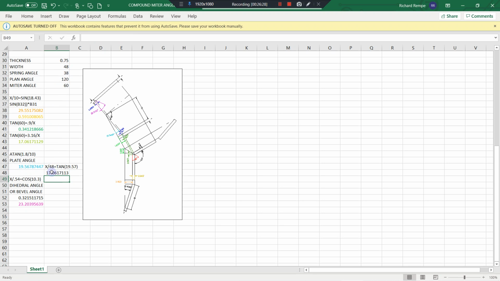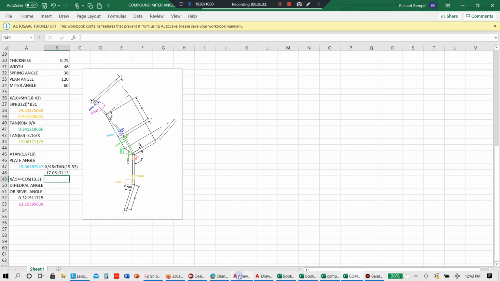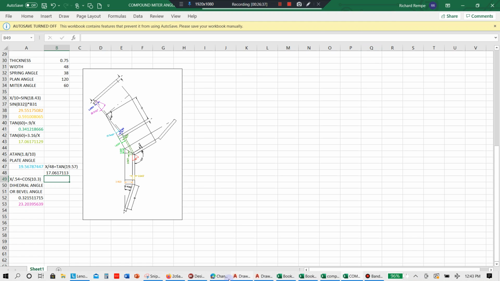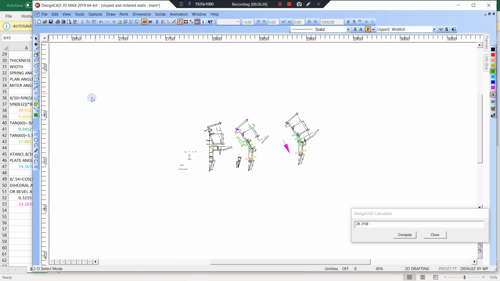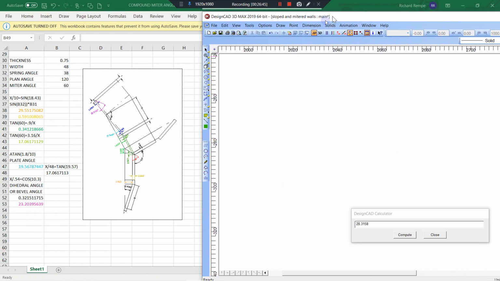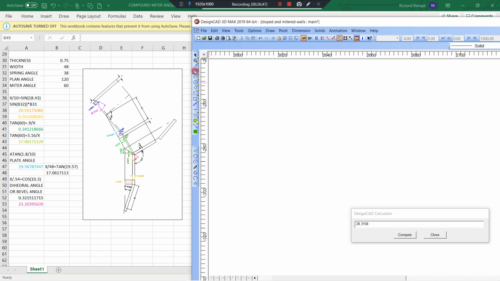And then you would get 17.06. Let's copy that. Let's just open it up on the side. So we're going to make a 4x8 sheet.